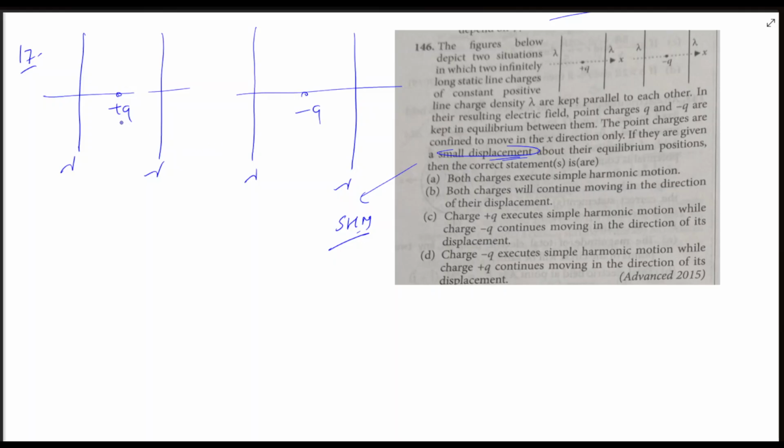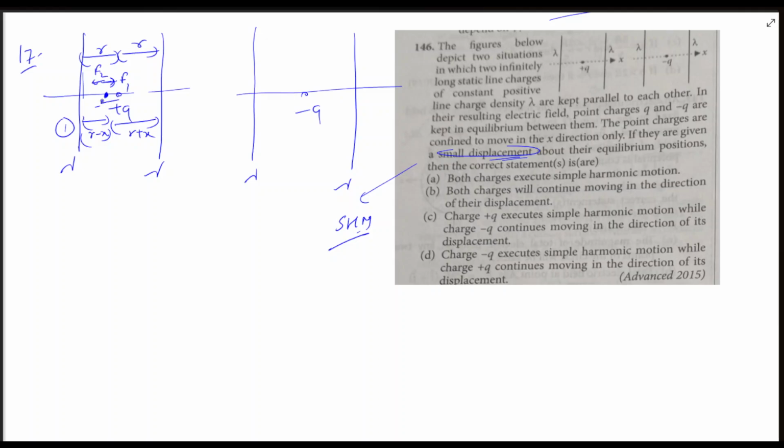No, just check them. Let's displace it here. If we displace it here, due to this we will have a force here, and due to this we will have a force here. Let's say we have displaced it by x, so this distance will be r minus x. Let's say this is r and this is also r, so this other distance will be r plus x. Now at plus q we will have a force in this direction due to the first, which I write as f1, and here it will be f2.